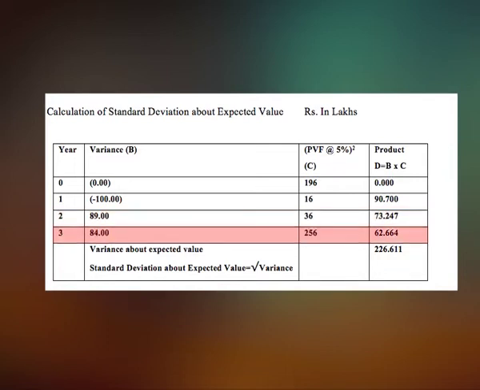The third year, the variance is 84, present value factor 256 and the product is equal to 62.664. So, the variance about expected value is equal to 226.611. The standard deviation about expected value is equal to the square root of variance.